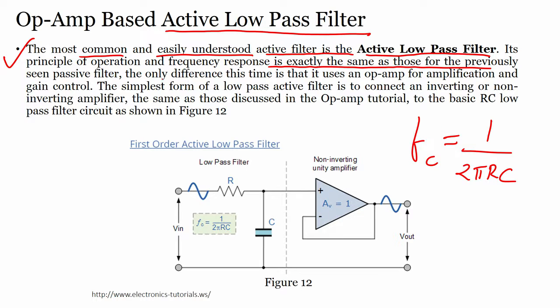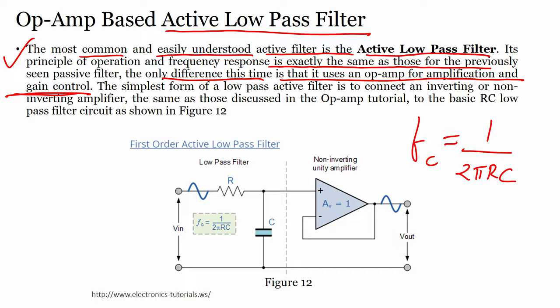The only difference this time is that it uses the operational amplifier for amplification and gain control. We have seen that in passive filters you cannot change the gain and it is difficult to tune them.